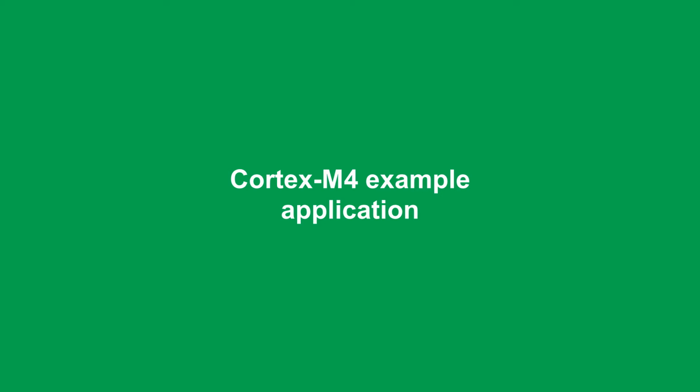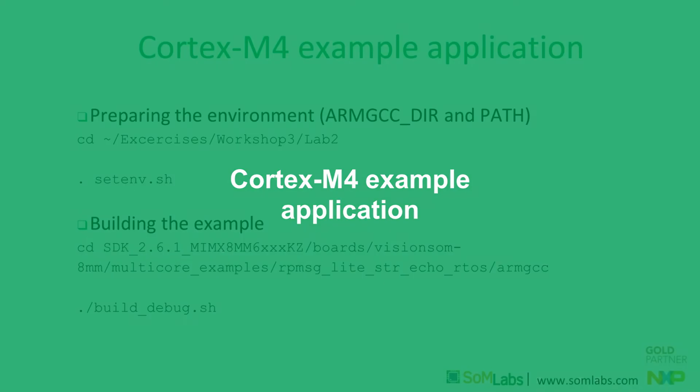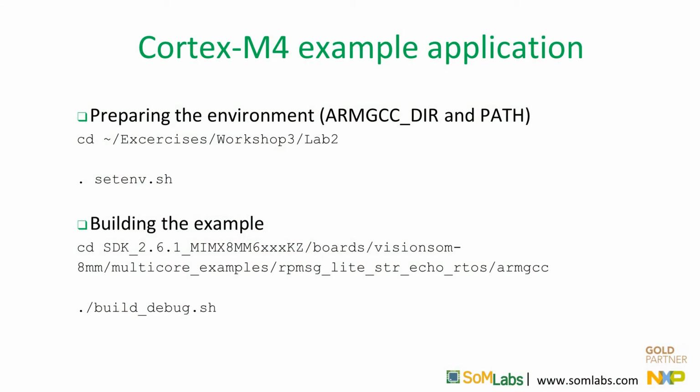With the SDK downloaded, we can look at how to build an application on Cortex-M4. Let's go to the directory with the example, Exercises Workshop 3 Lab 2, and set the necessary environment variables using the set_env.sh script.